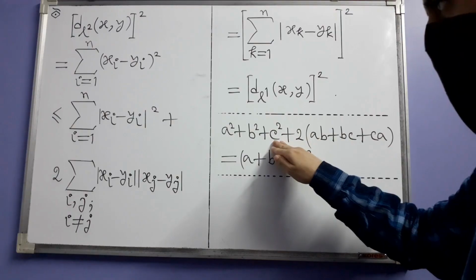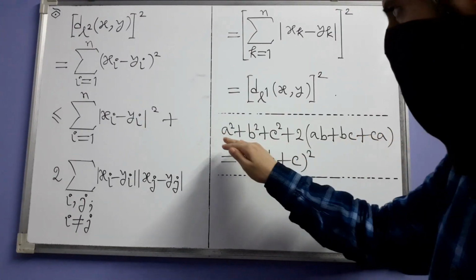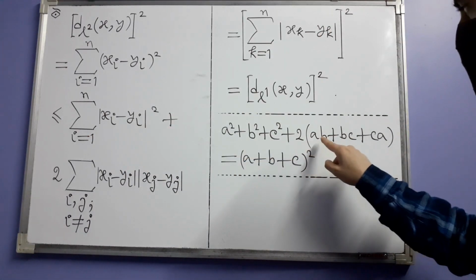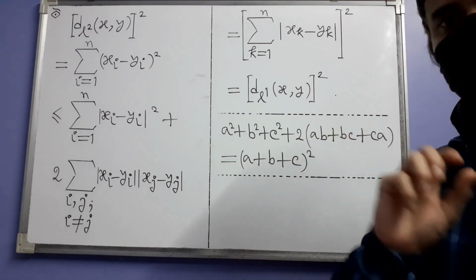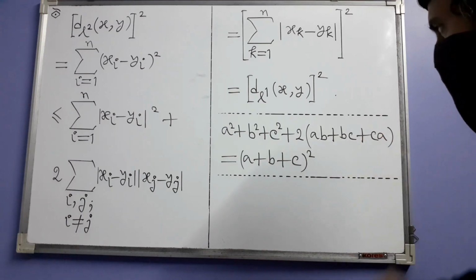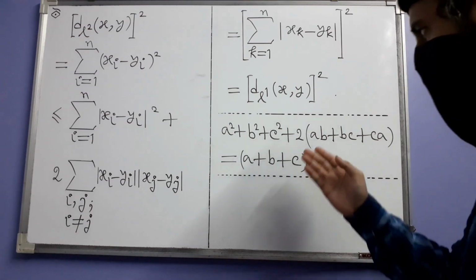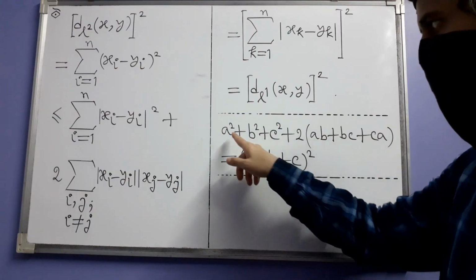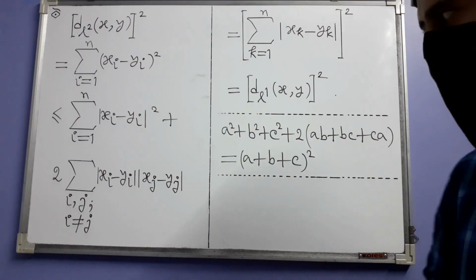So this part of the expression corresponds to this, plus 2 times the sum of the cross terms, taking 2 at a time. For example, ab, bc and ca. Note that I say cross terms because we are not again considering aa, because those types of things have already appeared here.